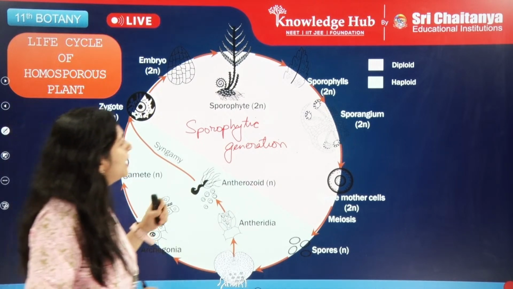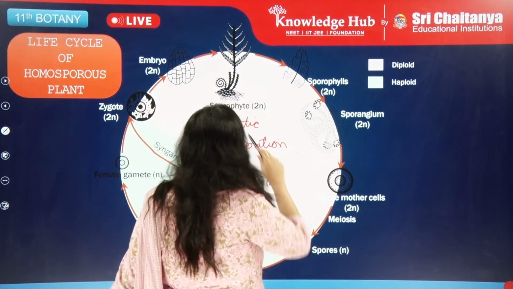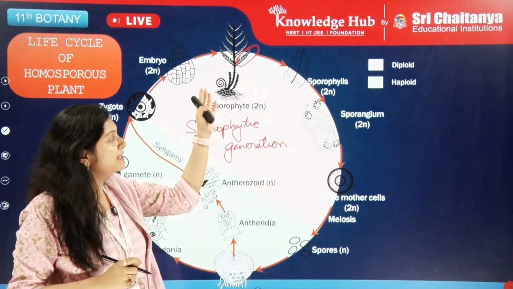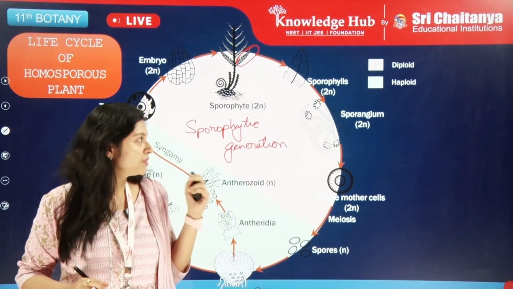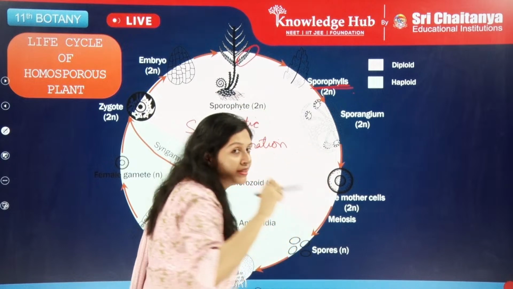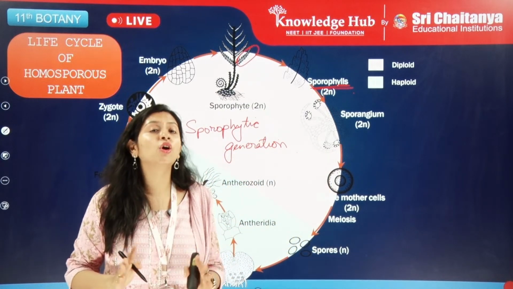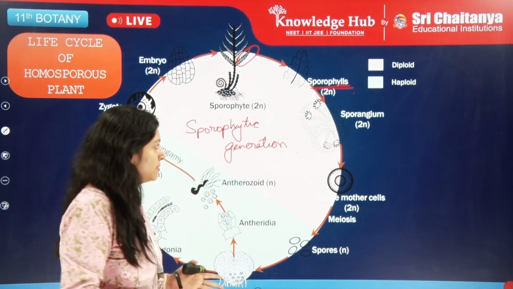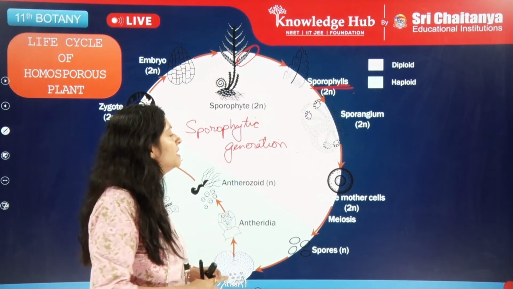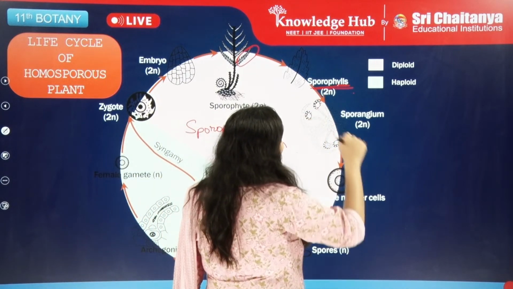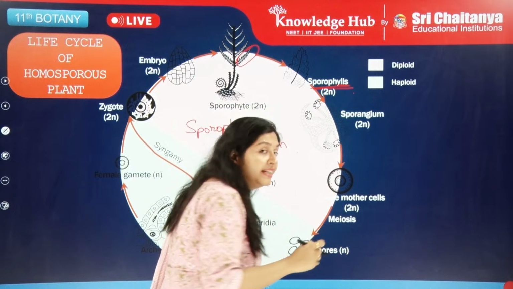The sporophyte is having the sporophylls, or the leaves which bear the spores underneath. The sporophylls are also definitely 2N. None of them here belongs to N, the haploid generation. Next is the sporangium. The sporophylls, 2N, have sporangium in their inner structure.